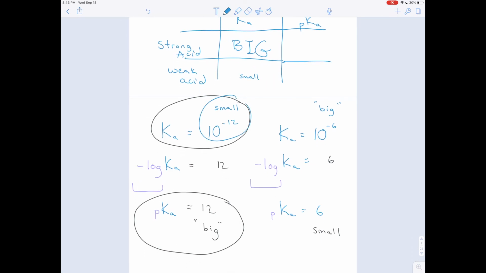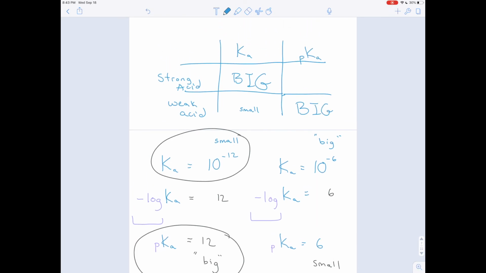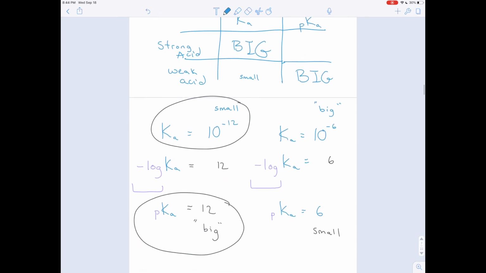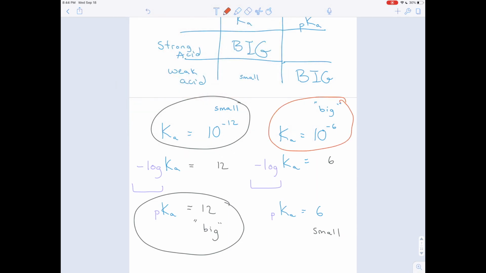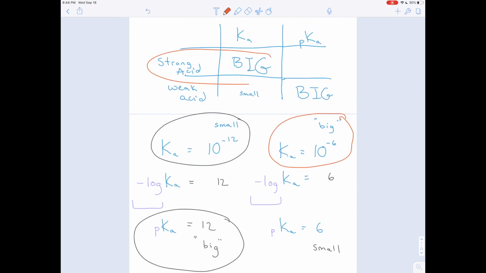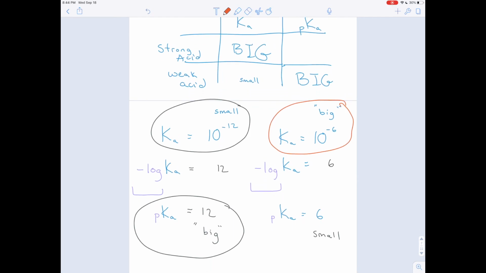We just saw that if you have a small Ka, you're going to have a big pKa. And so we get these two features of a weak acid: a weak acid would have a small Ka and a big pKa. Whereas a big Ka, so now we're talking about strong acids, would have a small pKa.